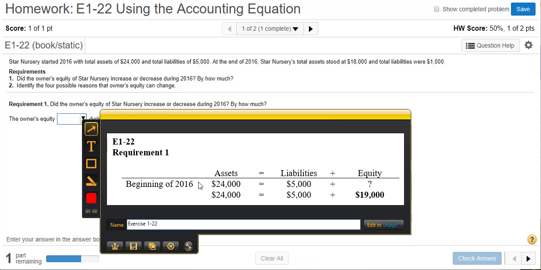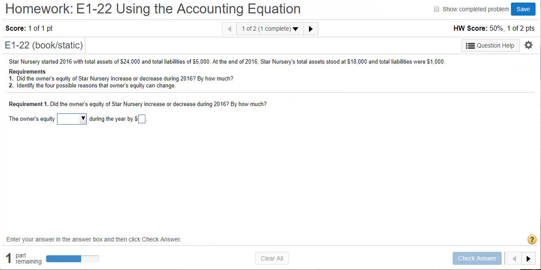So at the beginning of the year, we had $19,000 of equity. In other words, of the $24,000 of assets, the owner owned $19,000 of those assets, and the bank owned $5,000, also known as debt. Now we have to calculate the equity at the end of the year to see how much it has changed.